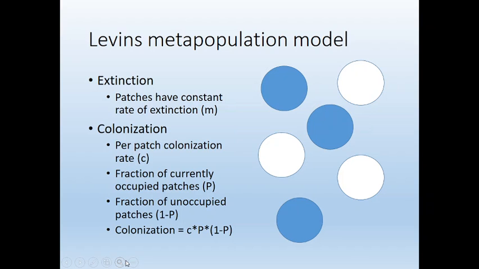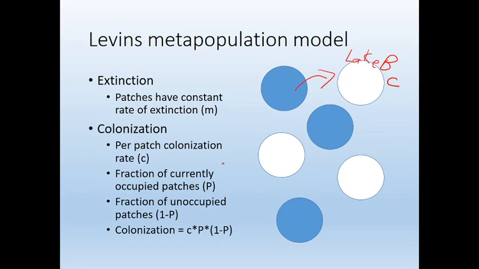Each patch, though, has some level of extinction. We'll call that M here. There's also colonization. When we think about these mosquitoes going from lake to lake, there's some per patch colonization rate, so Lake B has some chance of being colonized with that mosquito.